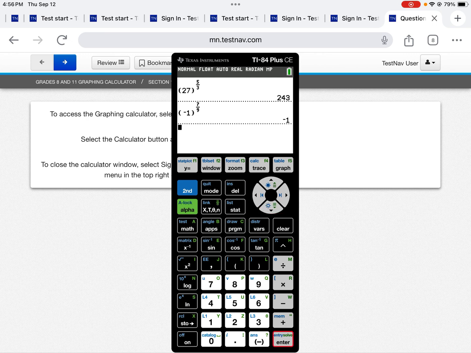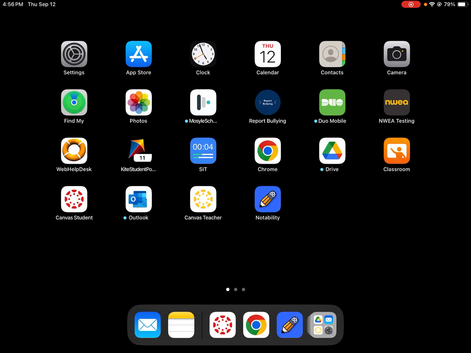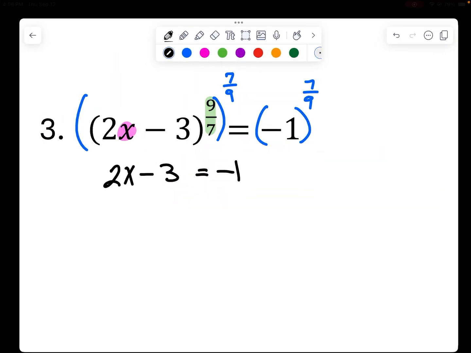And hit enter, you get -1. By the way, if it wasn't 7/9, if it happened to be 9/7, it wouldn't matter, because 1 has some unique qualities that other numbers do not have, but we're still going to get -1 regardless of the way we put it in. Just because that's the nature of the number 1.